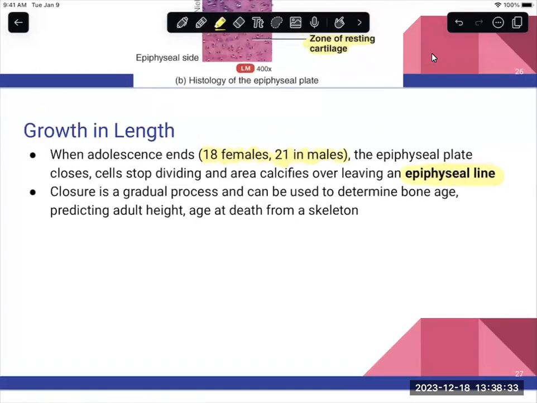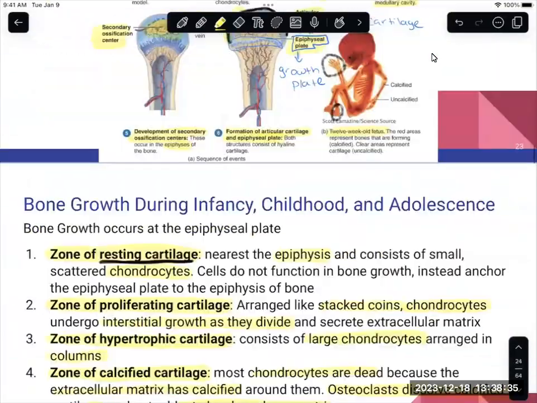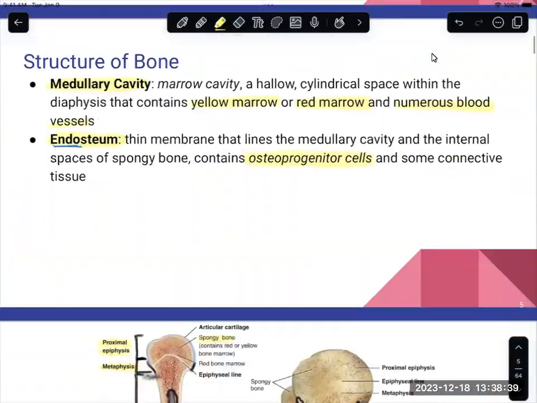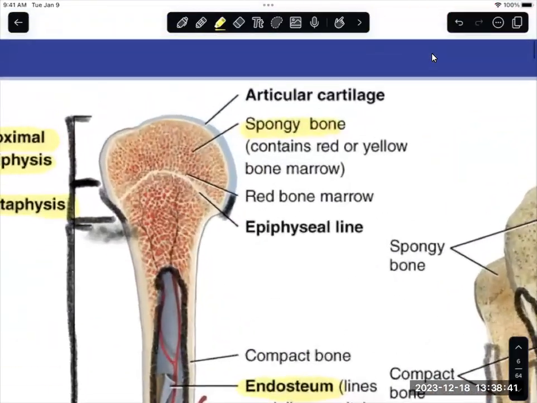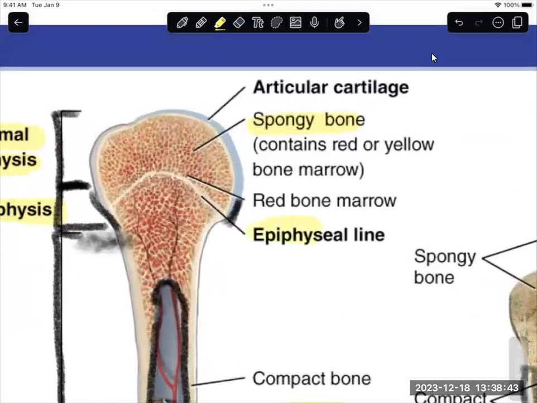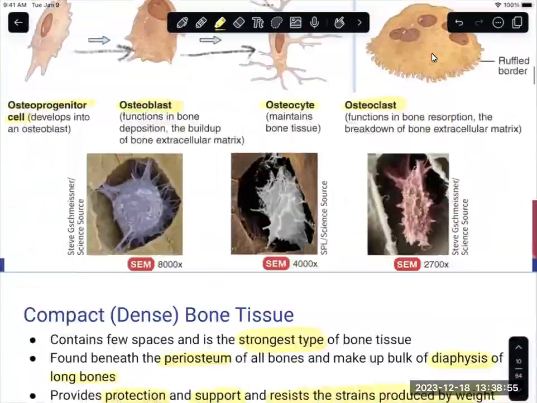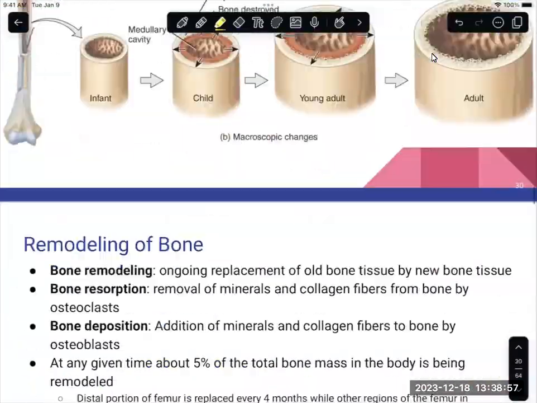That's where that growth plate has closed. See if I can go up and find it real quick. Here. This epiphyseal line. This specific line here used to be a growth plate that has now calcified over. That bone is done growing. It will not grow anymore at this point.